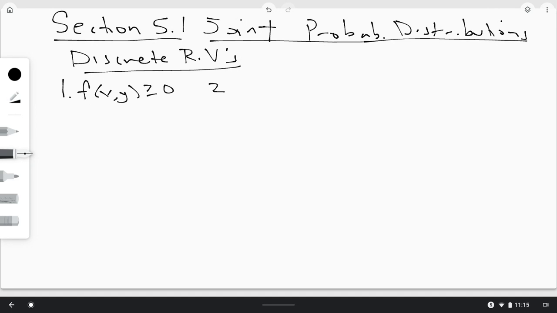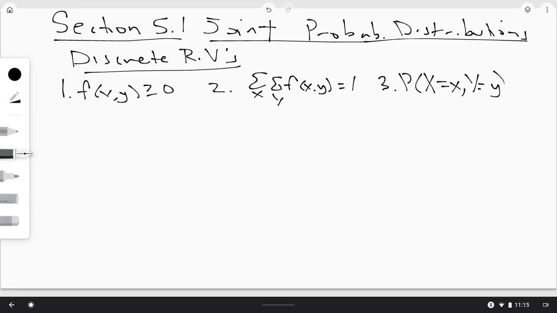Two, the double sum over all x and y of our function f of xy has to be equal to 1. And three, the probability that our random variable X is equal to little x and Y is equal to little y is given by a function f of xy.